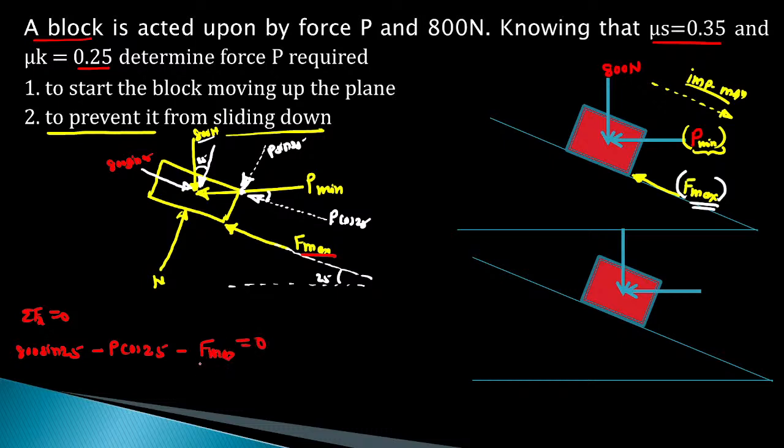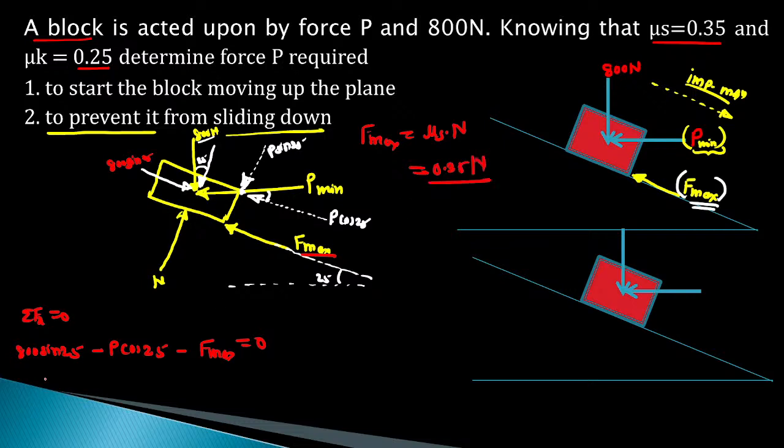F max is nothing but mu s into N. So, mu s value is 0.35 into normal reaction.